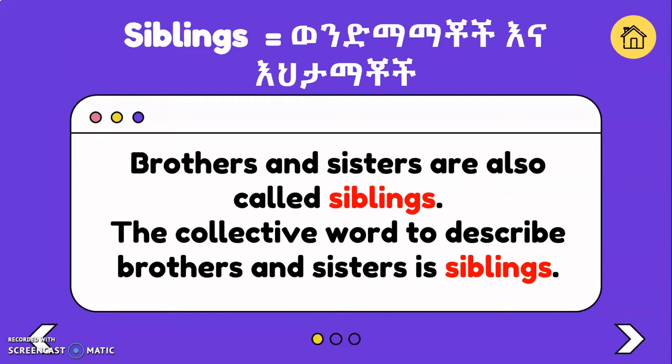Brothers and sisters are sometimes referred to as siblings. Therefore, the collective word to describe brothers and sisters is siblings. So for one person, the singular form is sibling and the plural form is siblings. If there are many, we say siblings, and if there is one person, we say sibling.